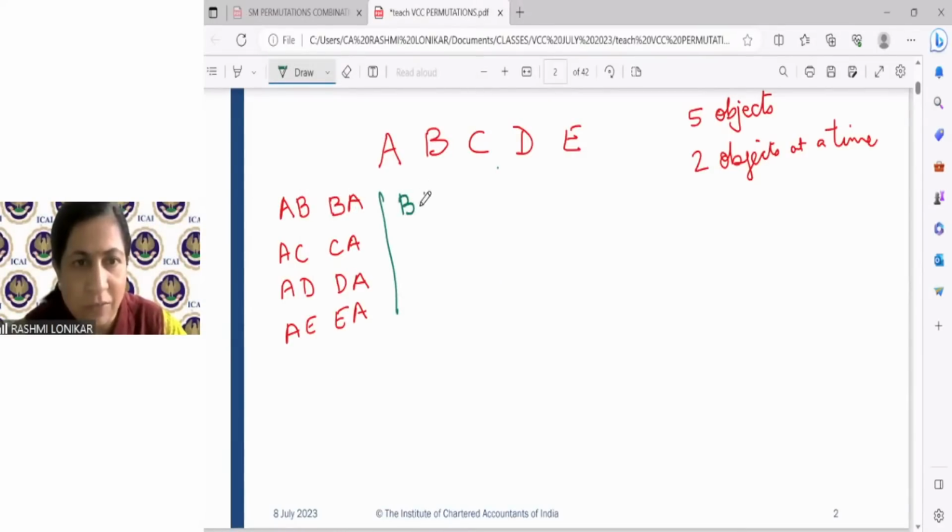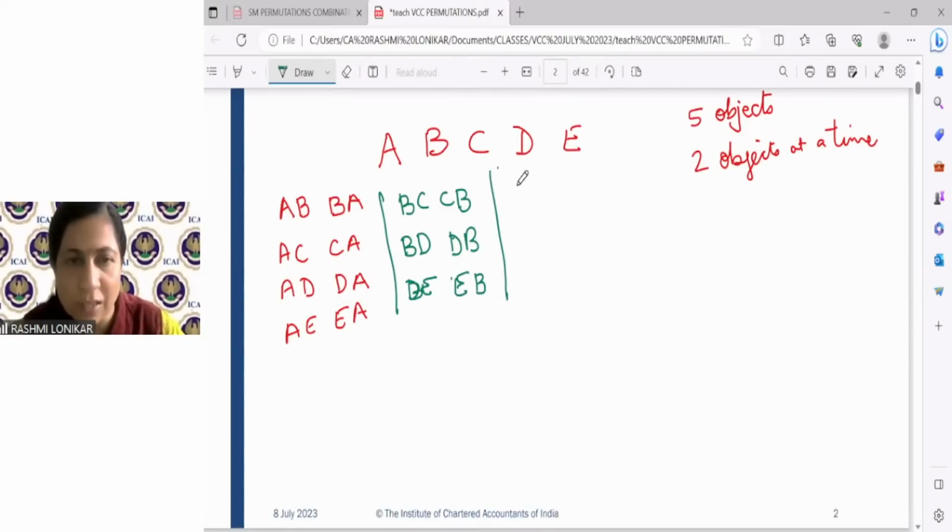So I can start with BC, CB, BD, DB, BE and EB. Then I go to C. CA I have already taken.